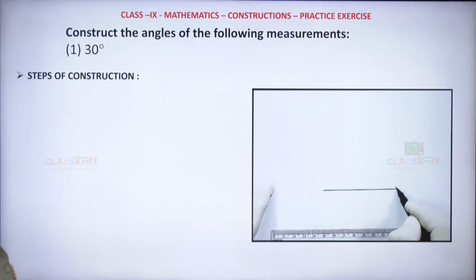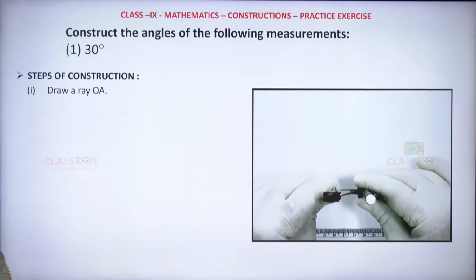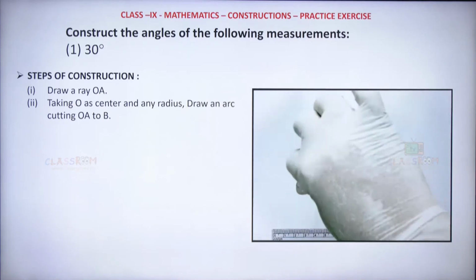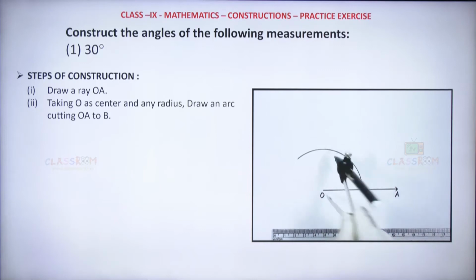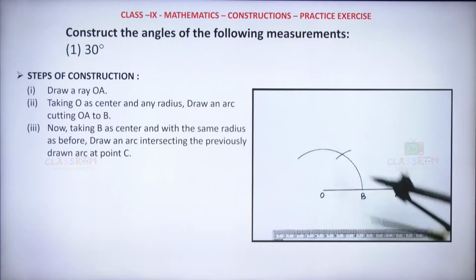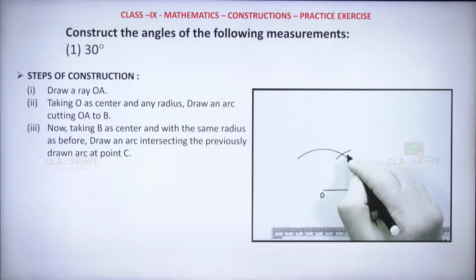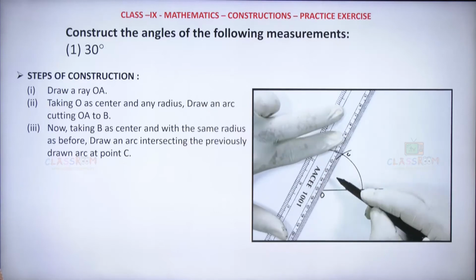So first, draw a ray OA. Taking O as center and any radius, draw an arc cutting OA at B. Now taking B as center and with the same radius, draw as before, intersecting the arc at C. So now join OC.